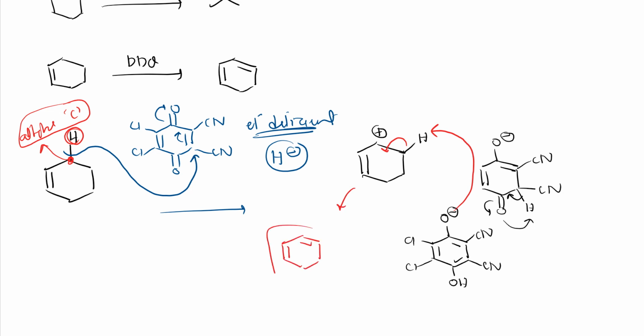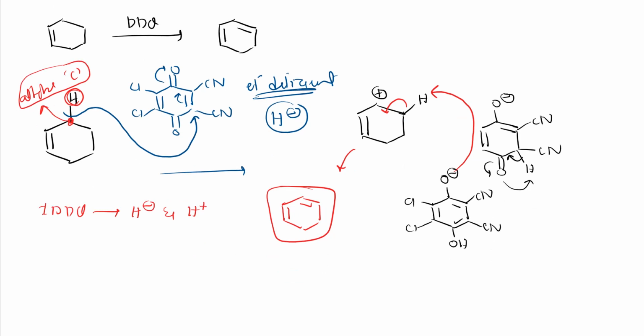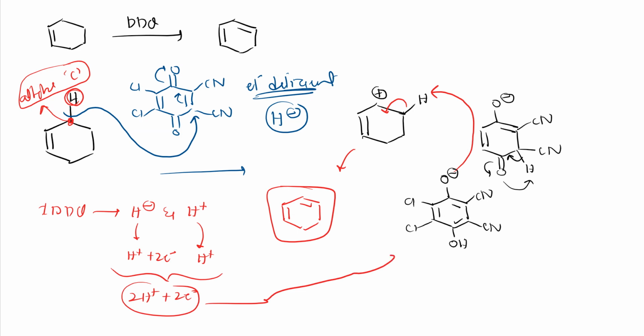So what we saw is that one molecule of DDQ first takes H minus and then takes H plus, so in total it takes H2. If I want to write H minus, I can write it as H plus and 2 electrons, and from here one more H plus, so in total it takes 2H plus and 2 electrons, and it will convert, see here, it has converted like this.